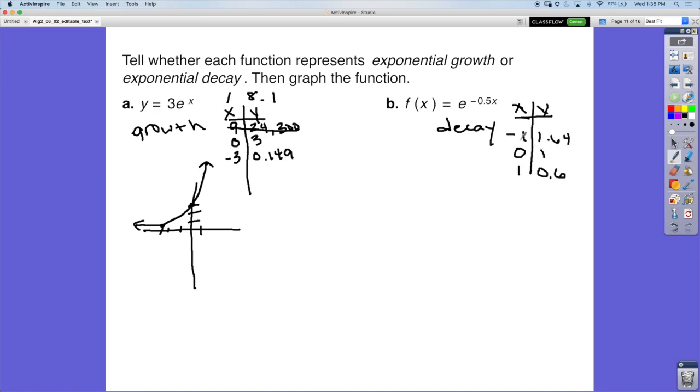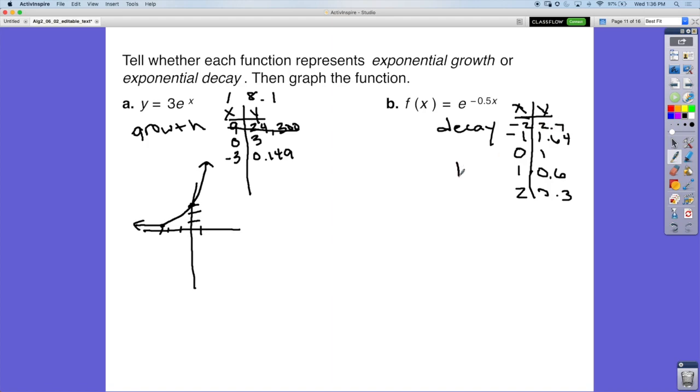Good. Okay, and it's a decay, so I know which direction it's going. I bet you if you give me 2, is that a number smaller than 0.6? Yeah, it's 0.3. Okay, perfect. Do you have another number besides -1? -2. -2 is 2.7.